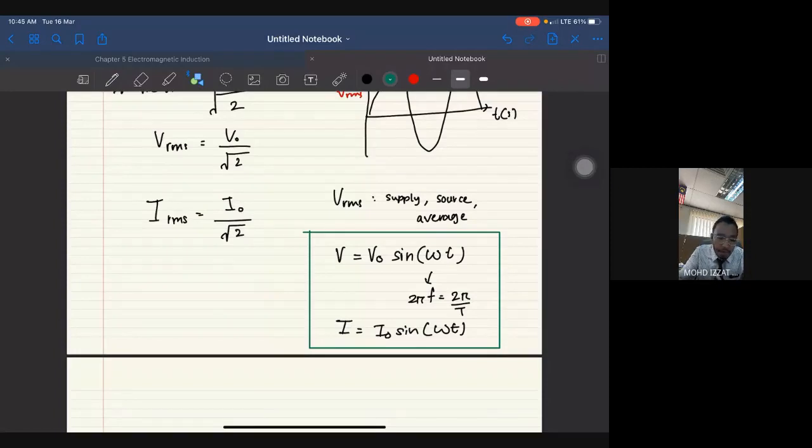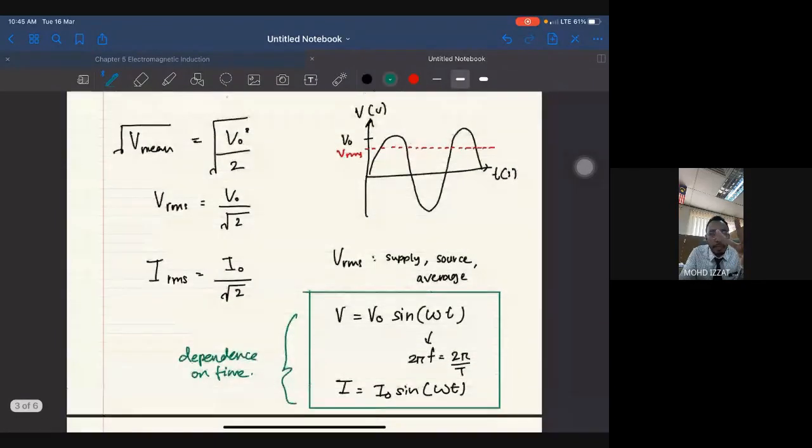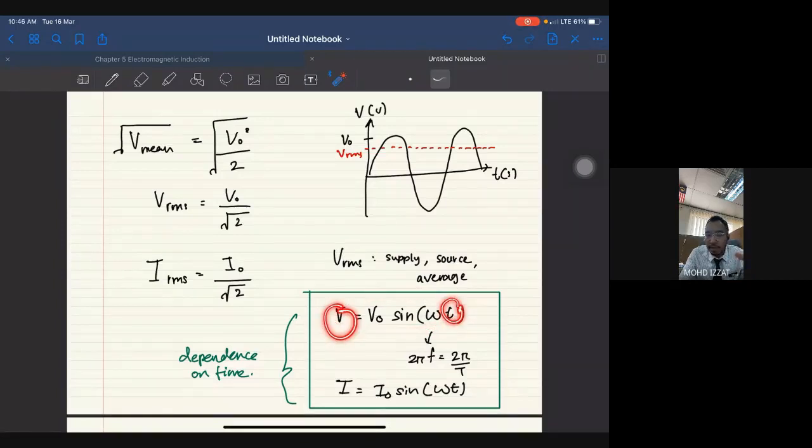Okay, so this one is actually dependent on time. Normally in your syllabus, in the exam questions, they will give it in a few parts. Questions about VRMS can come in two forms. First, they ask about dependence on time, either they give a graph and then you have to use this formula, or you have to write this formula, and then you can find the V after 3 seconds, for example. That is one form.